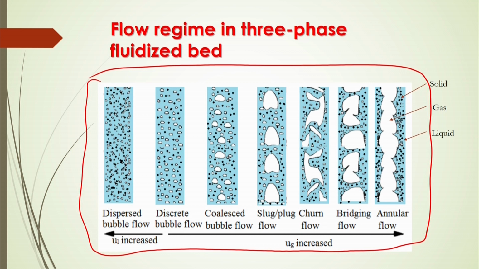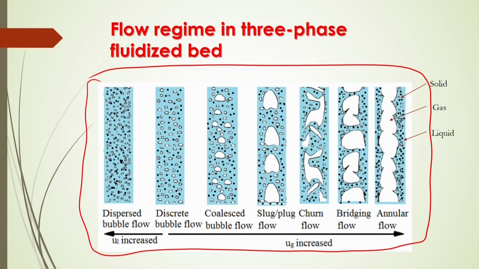Now, if you keep the gas velocity constant and if you increase or decrease the liquid velocity, you will get this dispersed bubbly flow regime here. That means, for low gas velocity and low liquid velocity, there is a possibility to get this dispersed bubble flow.